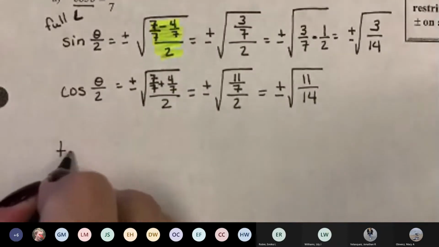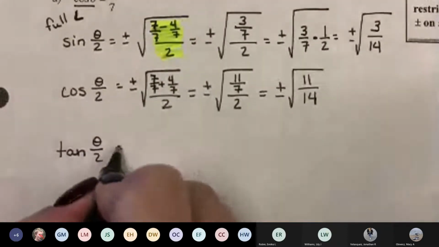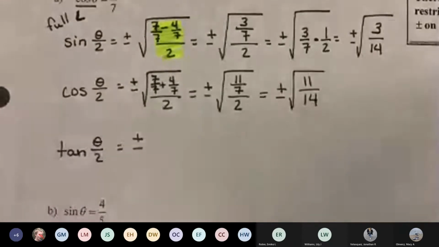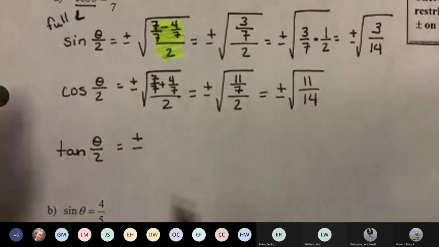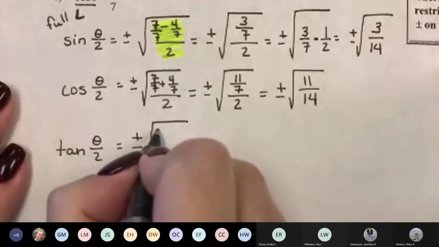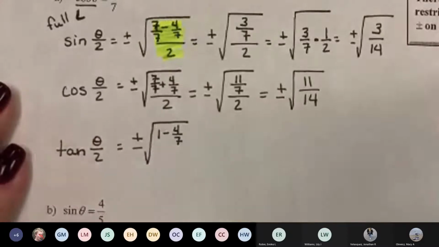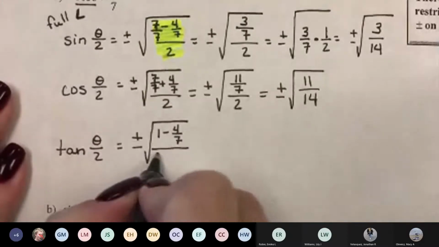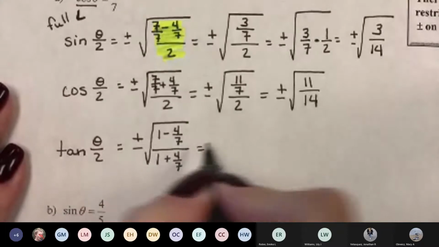Now, again, the reason I like this version of the formula, because remember there's 3 to choose from, is that it's sine over cosine. It's going to use what you've already done. So again, nice big radical, 1 minus 4/7, which we have already calculated, and 1 plus 4/7, which we have already calculated.